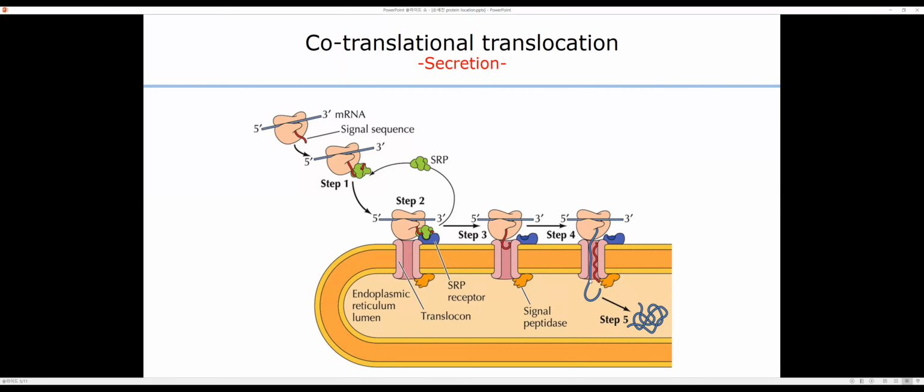Then the final product is residing inside the ER. In this case, this side we call cytosol is inside of a cell. Inside of the ER is inside or outside? Outside. That's outside, right? That's why I tried to repeat those questions about whether this is inside or outside.